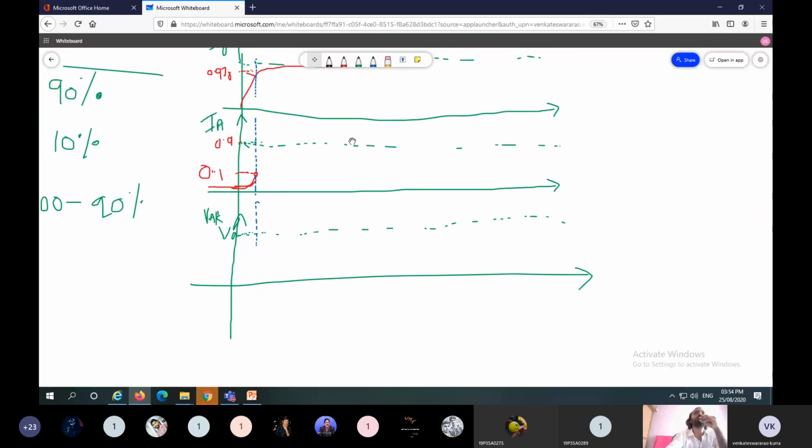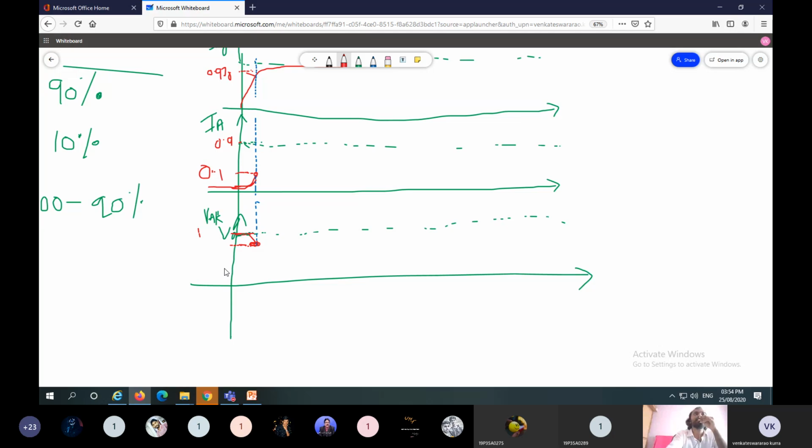Next, in terms of anode to cathode voltage. Initially, if the switch is in open condition, the voltage across the switch is the maximum voltage. Once the gate current reaches 90% or the anode current reaches 10%, the voltage across the switch decreases to 90%. This line represents 100% and this line represents 90%.